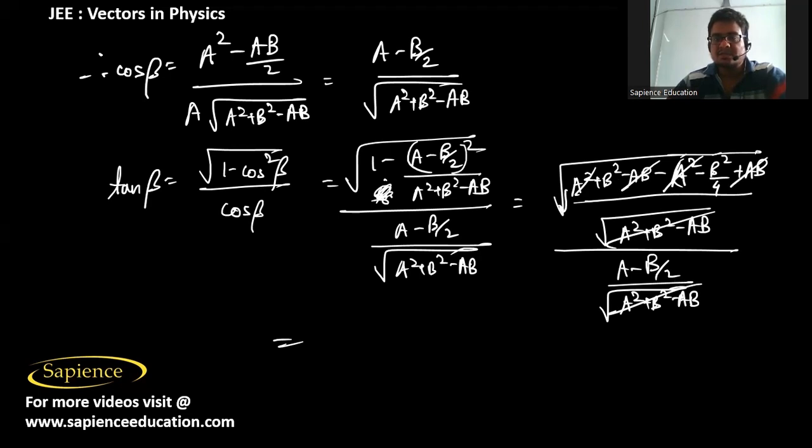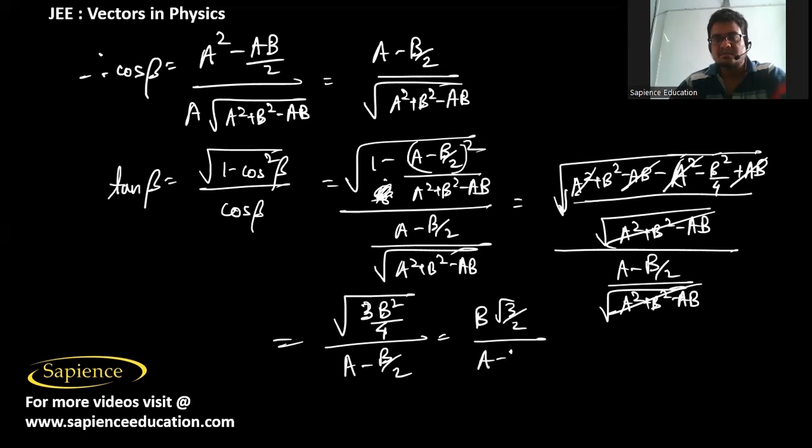So this will be square root of 3B square by 4 divided by A minus B by 2. So this will be B into root 3 by 2 divided by A minus B by 2.